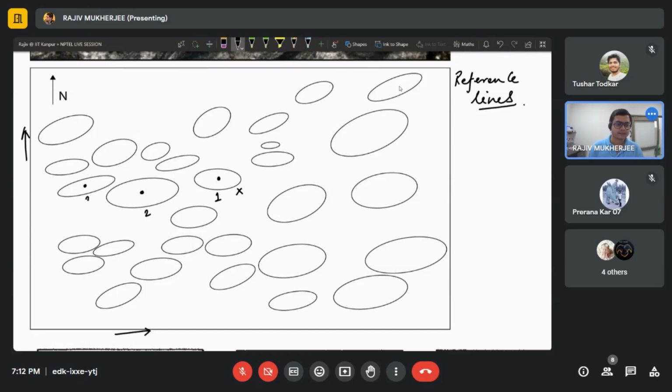This numbering can be of any order, unless you are messing it up, but it depends on you how you are numbering these different ellipses and so on. So this is how we first mark the center point of this sheet, and then we mark the center of these individual ellipses and tag them with different numbers, right?